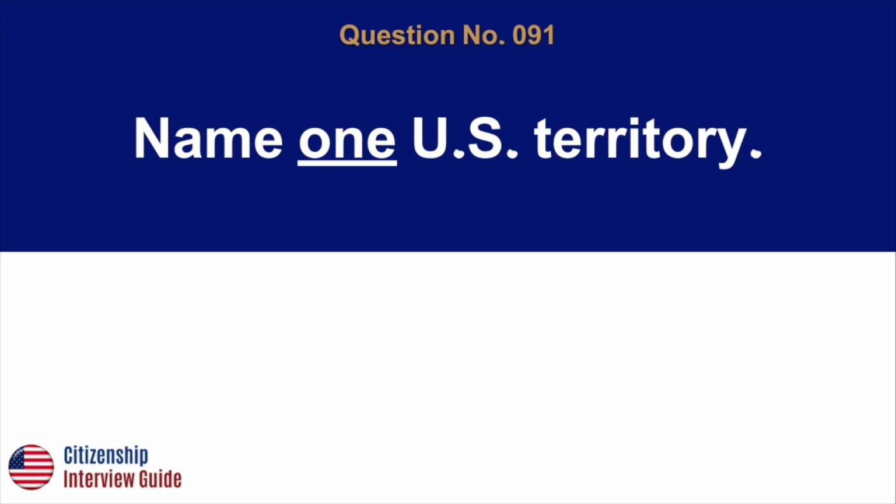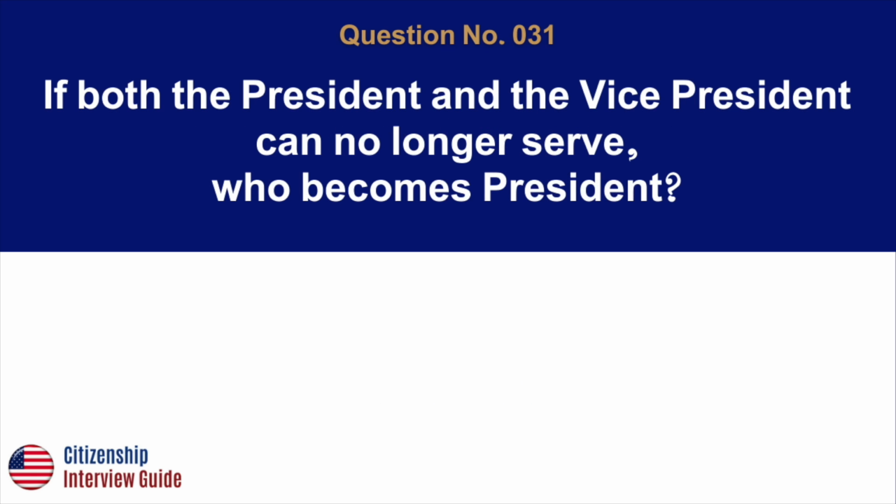Name one U.S. territory. Guam. If both the president and the vice president can no longer serve, who becomes president?